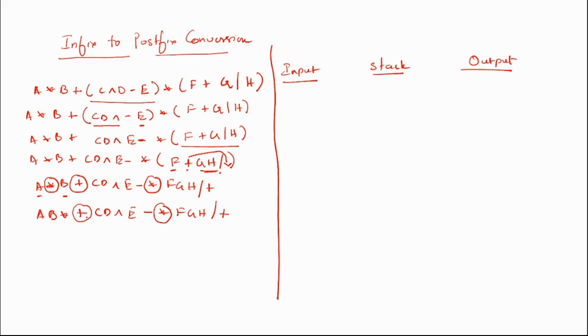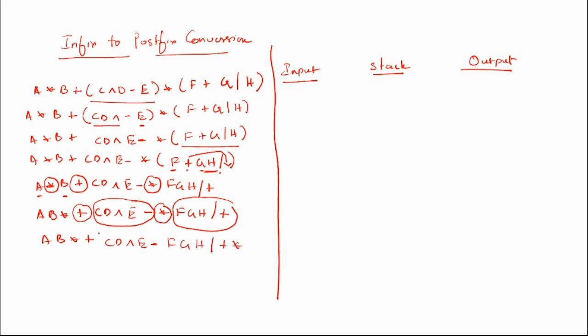Therefore the operands and the operators to the right of plus would be operand 1. Therefore what would be my operand 1? This whole thing would be my operand 1 and this whole thing would be my operand 2, correct? So I'll say here ab star plus, right, I'll say cd to the power e minus, I will put star after operand 2, f g h by plus star.